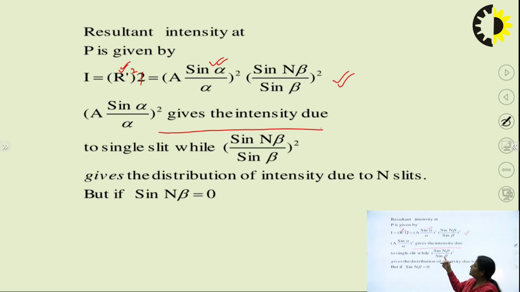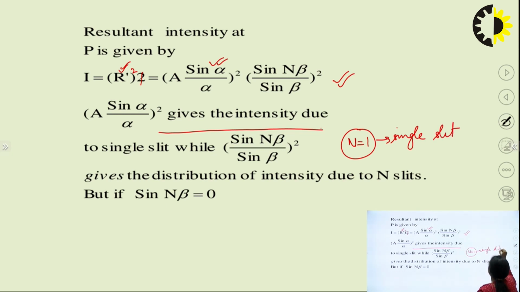Now, one interesting thing we can do from here: what happens in this expression of the intensity if we substitute N equal to 1? If N is the number of slits, then N equal to 1 means we are considering only one slit, a single slit. So what happens to the intensity?